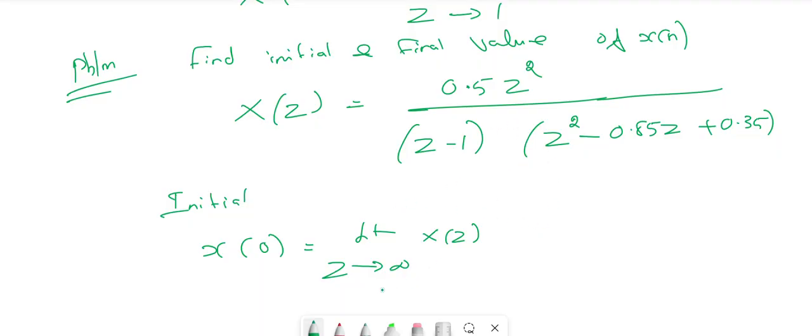If you substitute z tending to infinity, it is 0. So we will get x(0) = 0.